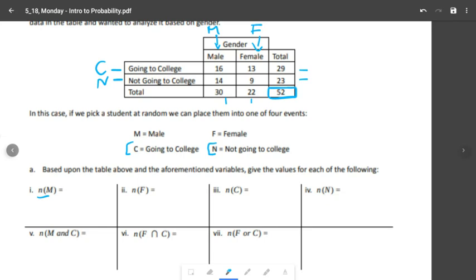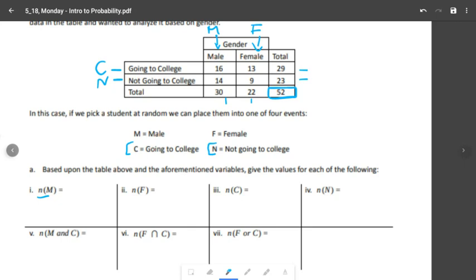First one, N of M. That N again means the number. So the number of outcomes that fit into event M, which is being a male. So the number of students that were male. Now, I don't care right now for this question if these are males who are going to college or not going to college.